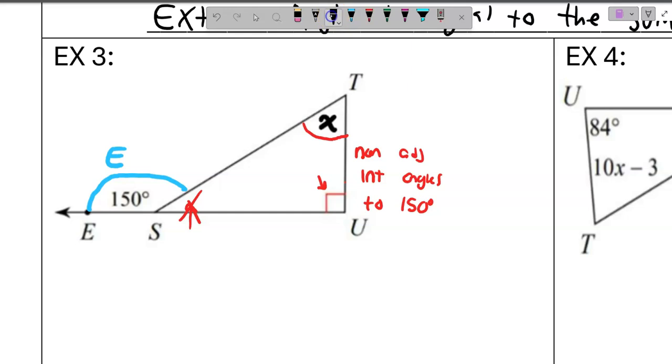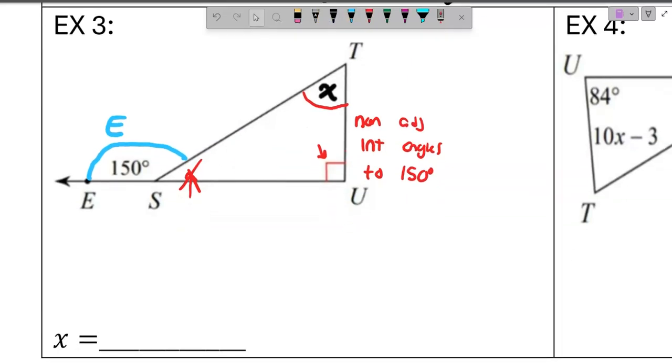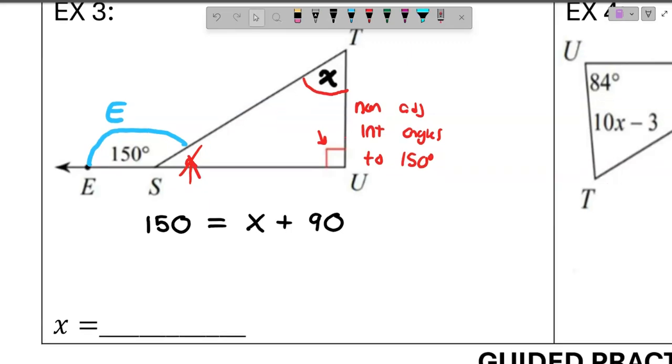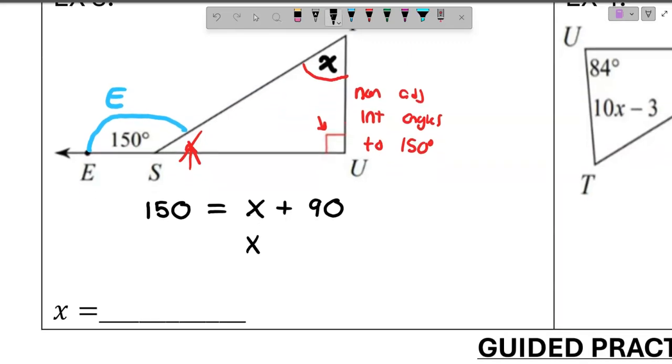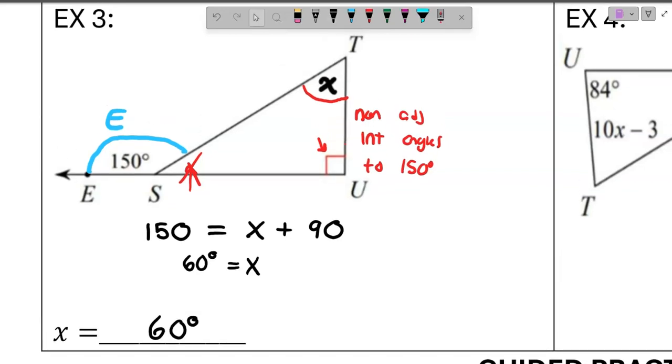So the triangle exterior angle theorem says that I can take my exterior angle and set it equal to the sum of those two non-adjacent interiors. So then when you subtract 90, we're being told that the missing angle would have to be 60 degrees.